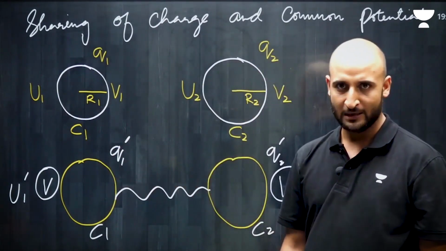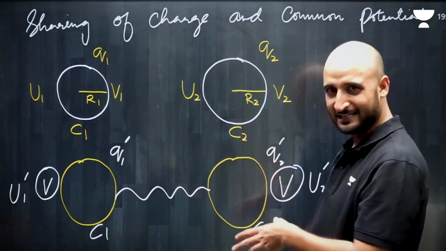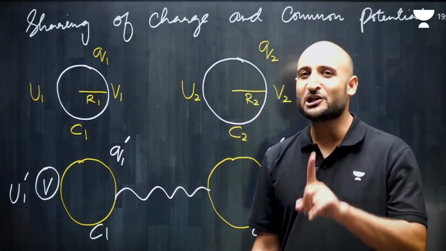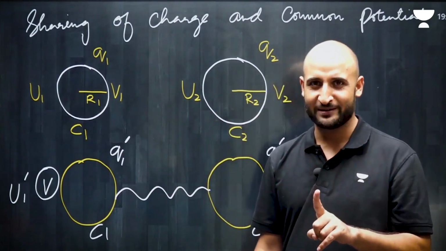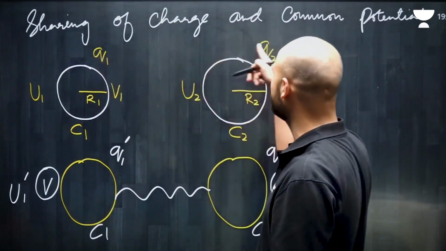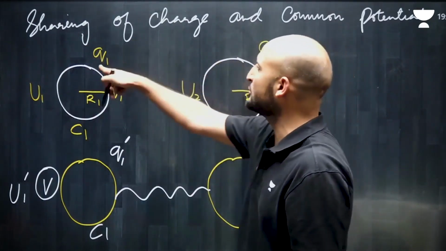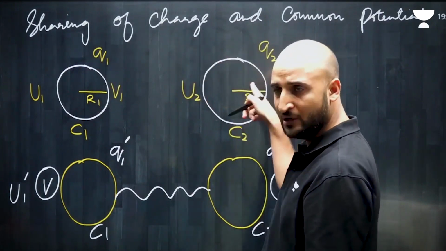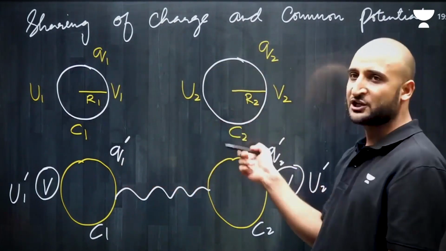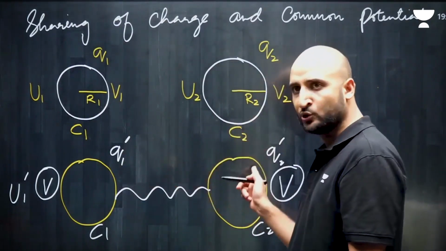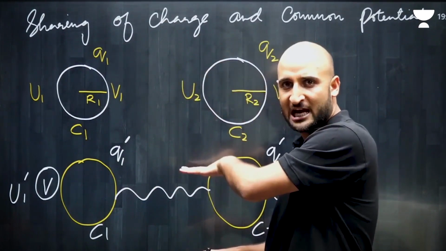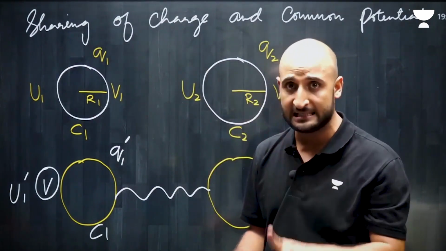All right. But once that flow of charge happens, you must understand that the total charge will always remain conserved. If the initial charge here was Q1 and the initial charge here was Q2, the total initial charge was Q1 plus Q2. The final charge here is Q1 prime, the final charge here is Q2 prime, so the total final charge is Q1 prime plus Q2 prime. Initial total charge will always be equal to final total charge because charge is always conserved.